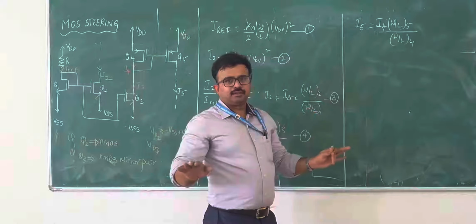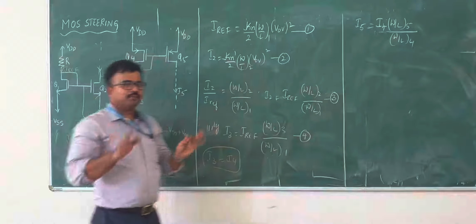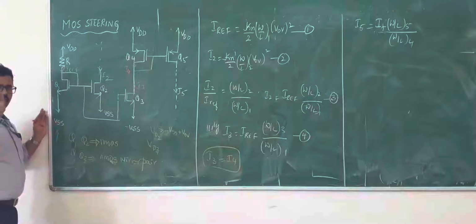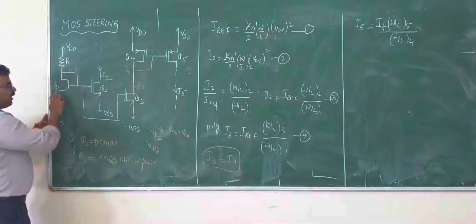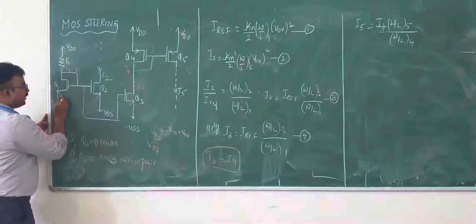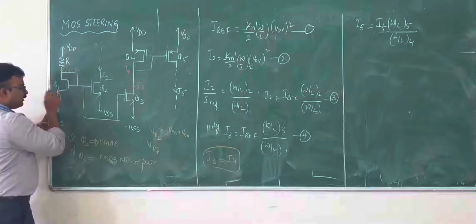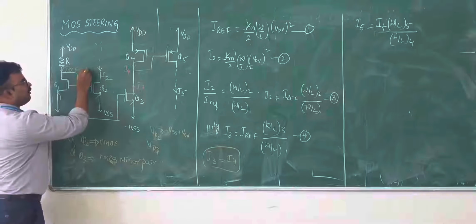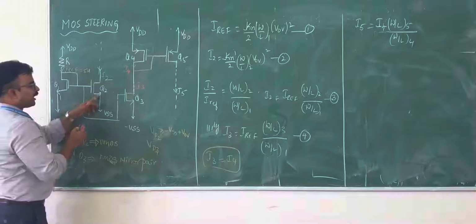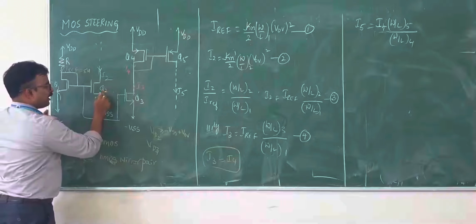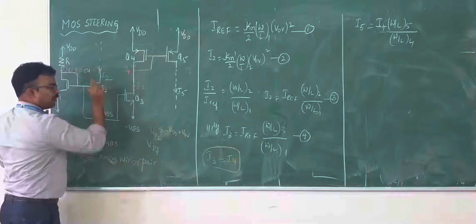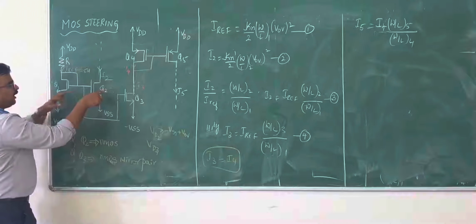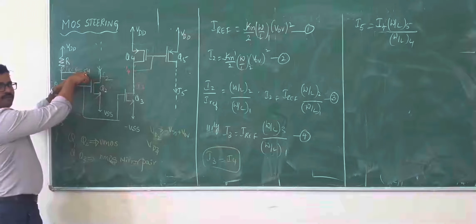Throughout the analysis, you need to observe with one instance. If the W by L of this transistor is 1 and the current flowing, let me take I reference is equal to 5 micro. If W by L of second transistor is a factor 2, I can say that the current I2 is twice of 5 micro.